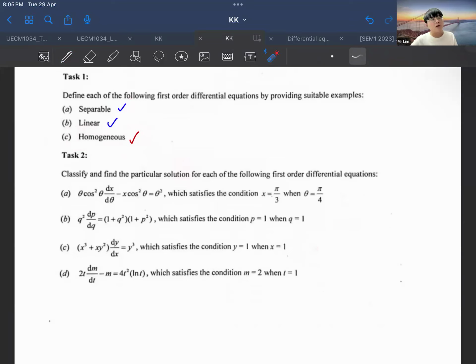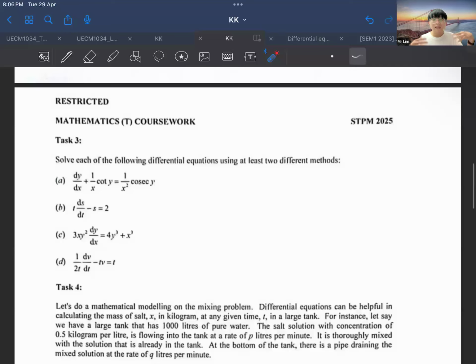For the linear and separable, you already learned the method. Or for some of you that haven't learned yet, you will learn it one month later, so you will be able to solve it. So I'm not too worried about those questions. And task three also has some examples, but a more challenging one.